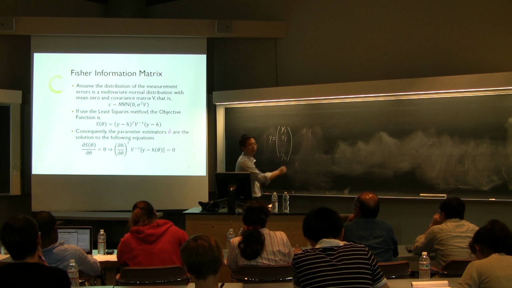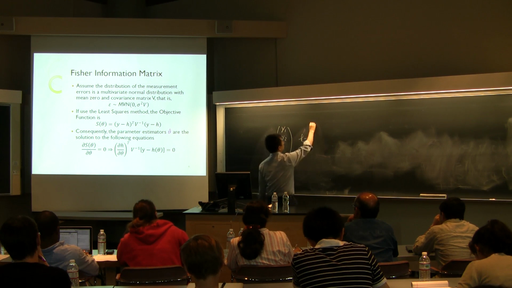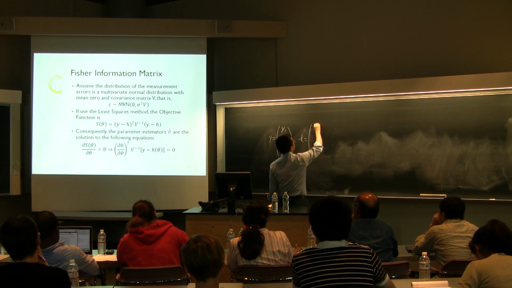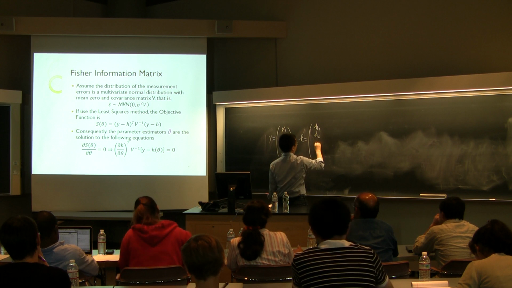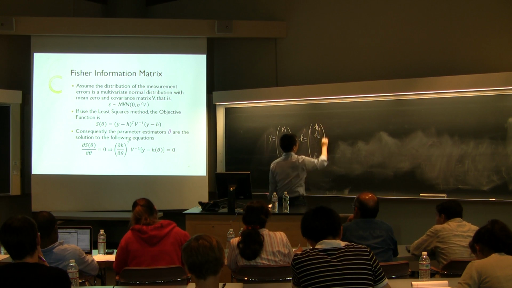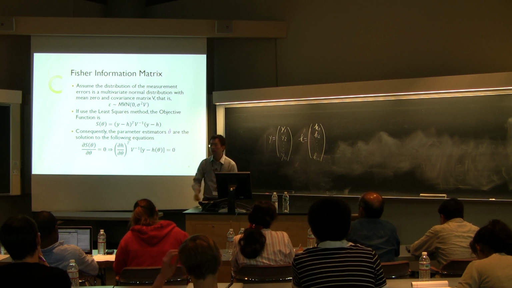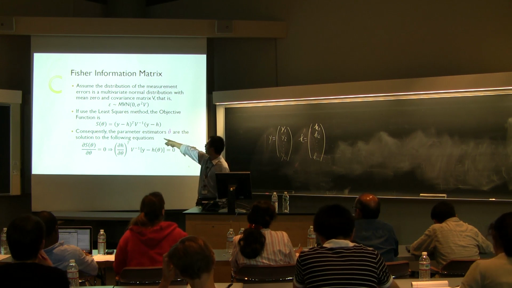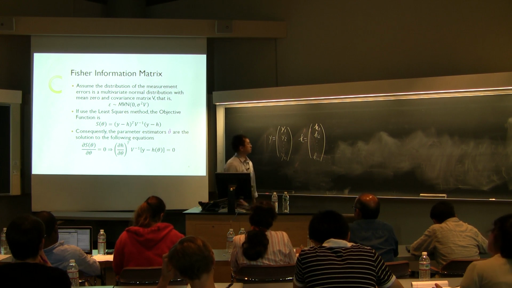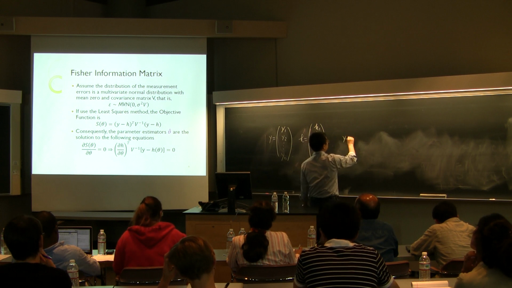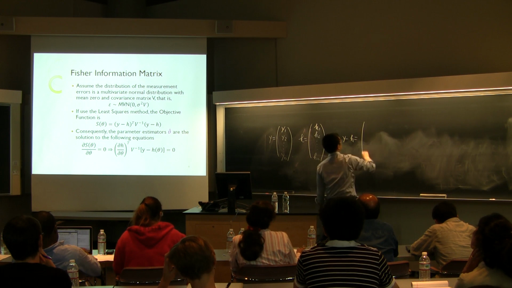And h here is also a vector. So y minus h is the difference between two vectors.